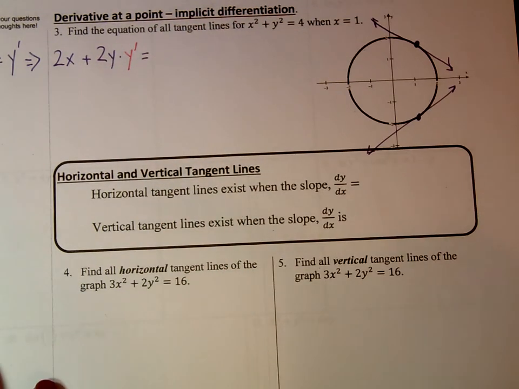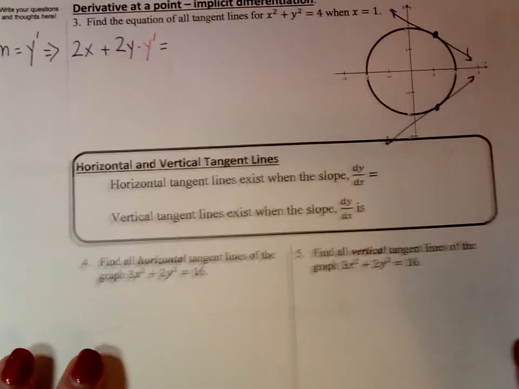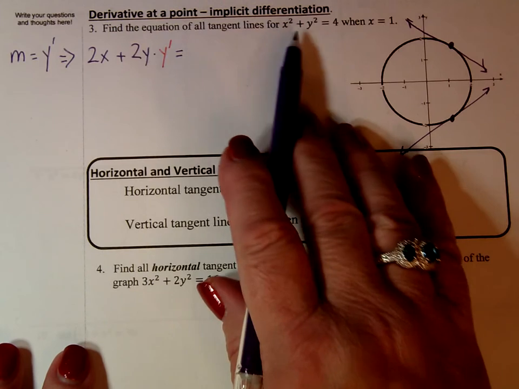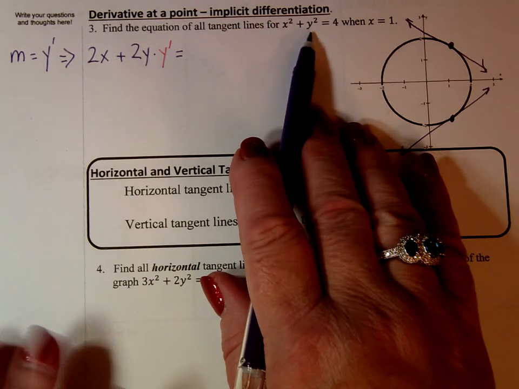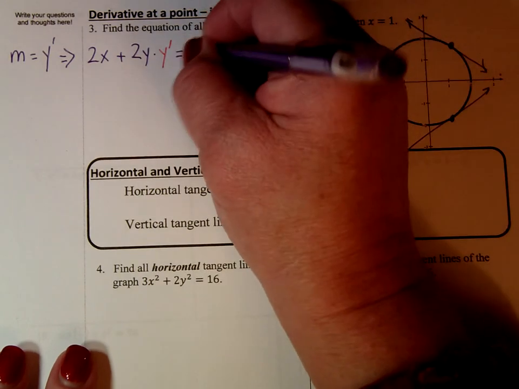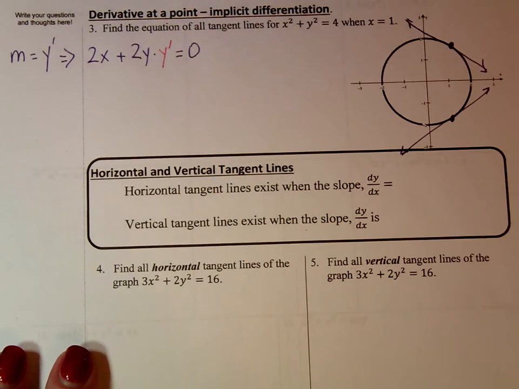What's the derivative of 4? Because that's the next piece I've got. This is x, this is 2x, this is 2y, okay? This is the derivative of 4, which is 0, right? I can't tell you how many kids will put a 4 down there and end up with it wrong.